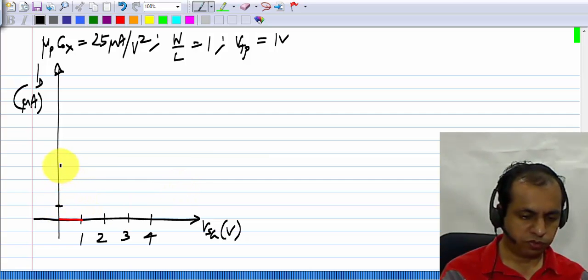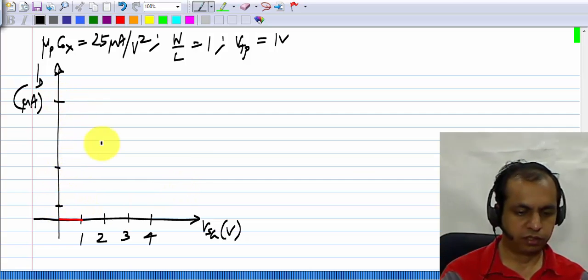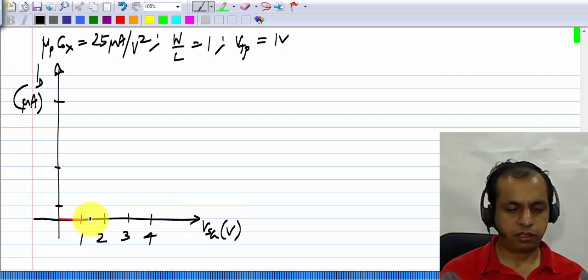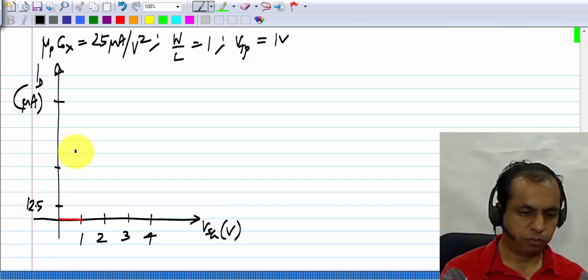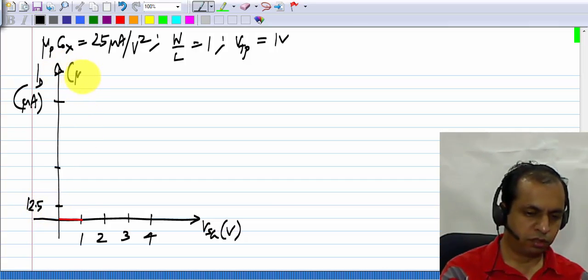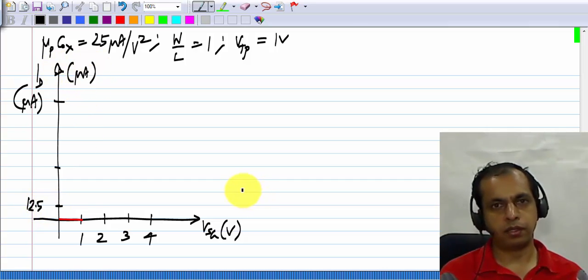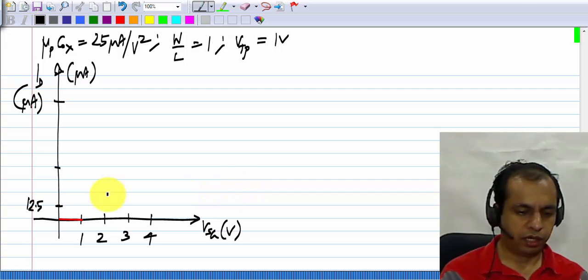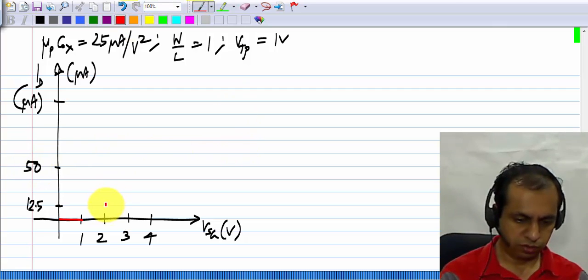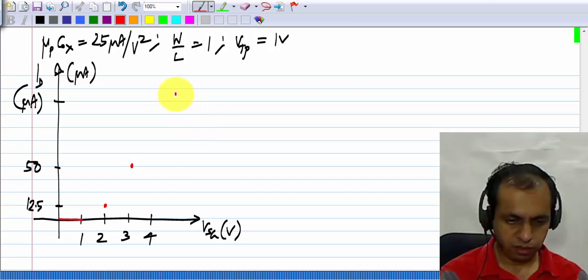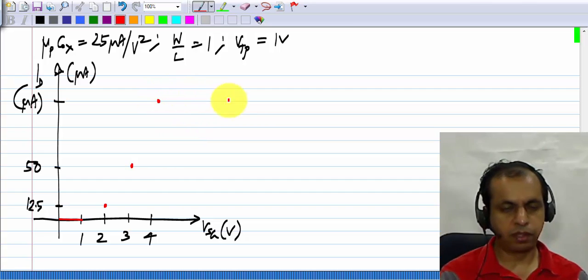And you can work this out for yourself, that at VSG equals 2 volts we'll have 12.5 microamps of current. And at VSG equal to 3 volts it will be 50 microamps. So we'll be here and there and there.